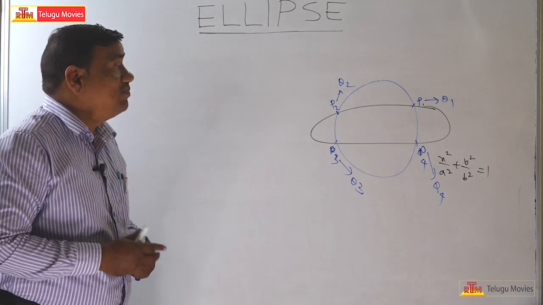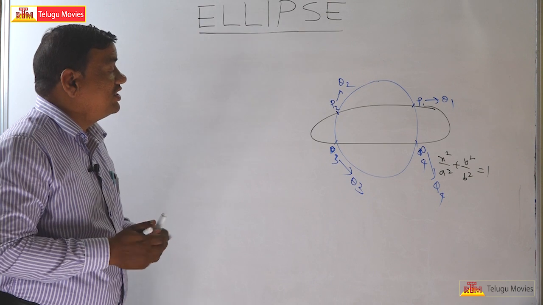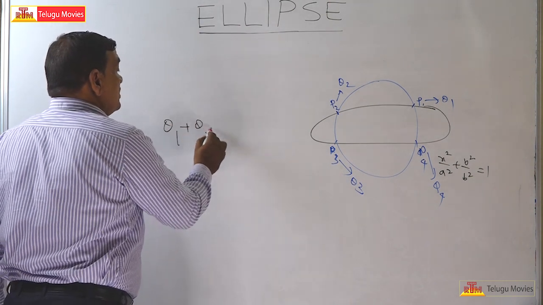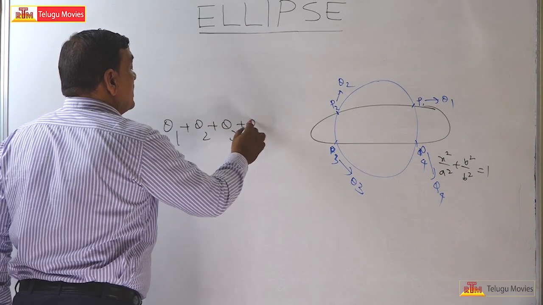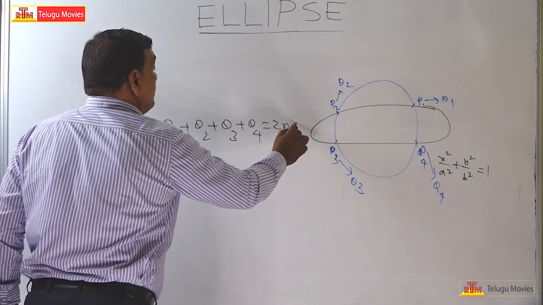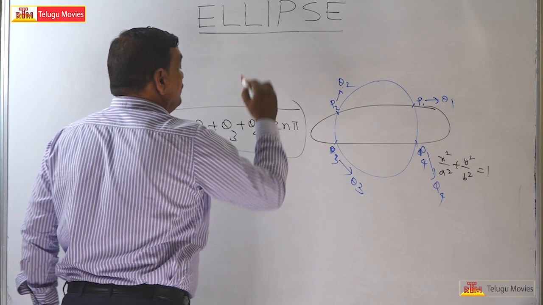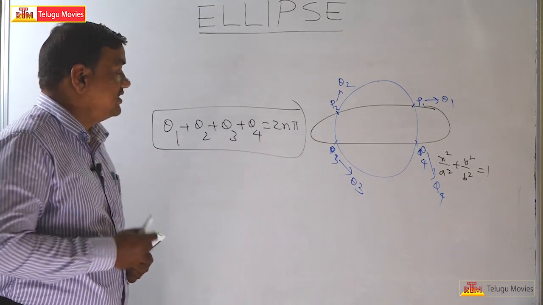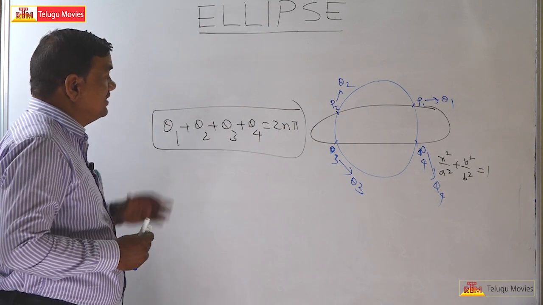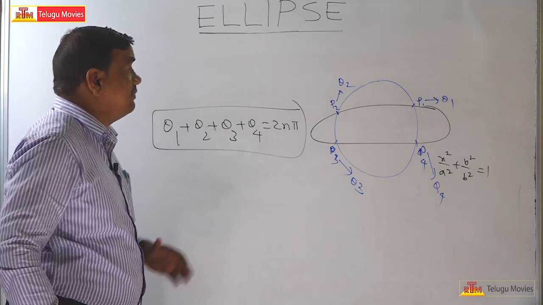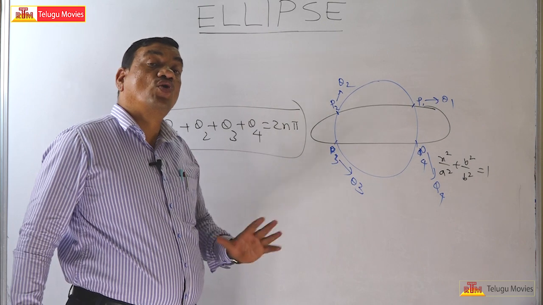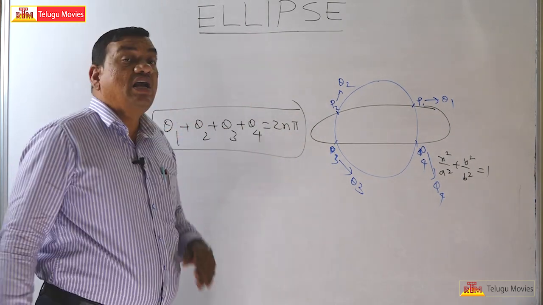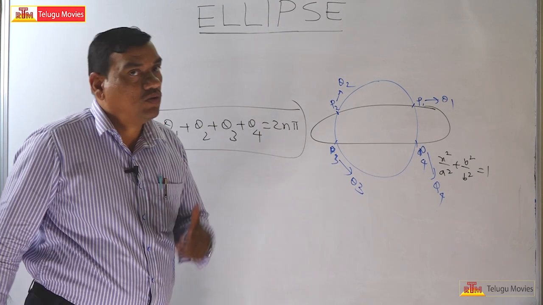Then the relation between these is theta 1 plus theta 2 plus theta 3 plus theta 4 is equal to an even multiple of pi, that is 2n pi. That means the sum of the 4 eccentric angles is equal to 2 pi or 4 pi or 6 pi, whatever it may be.